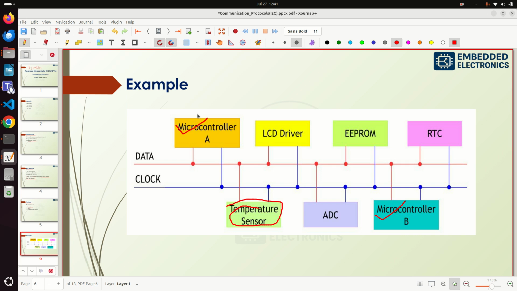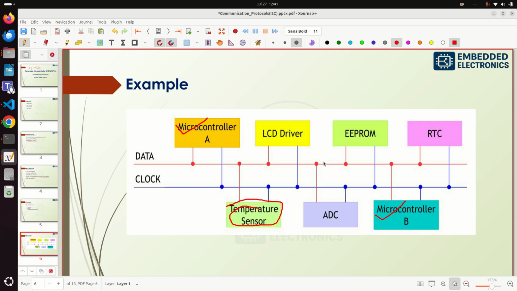Here we have multiple devices, so we have to use something to indicate specifically which one. There will be a unique ID given to every device. So this microcontroller transmits the unique address to the data bus.